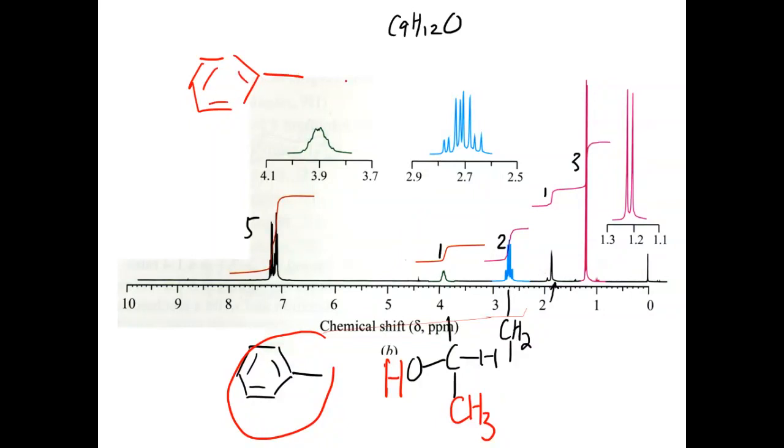This is 1 end piece, and CH2 is the central piece. Okay, then connect to the CH, OH, CH3. So that is the compound. Okay. You can confirm that this is gonna be the right compound.